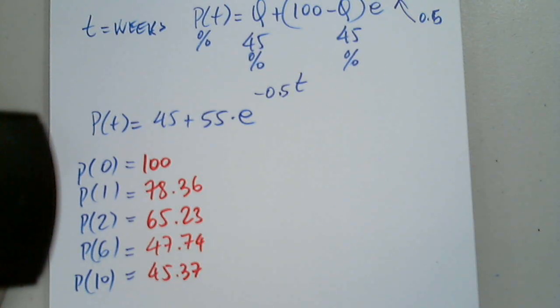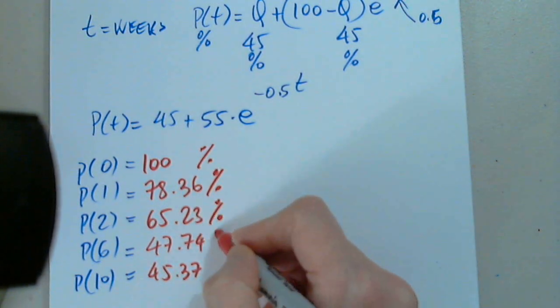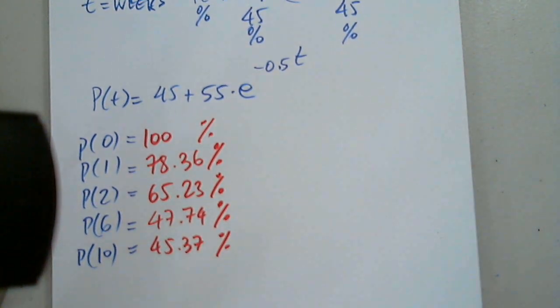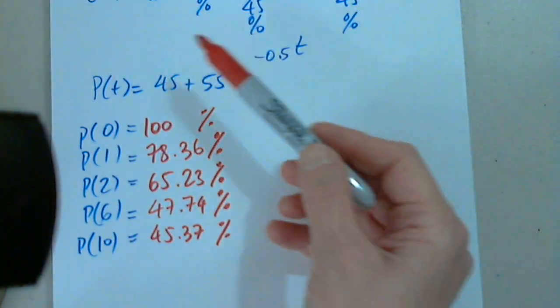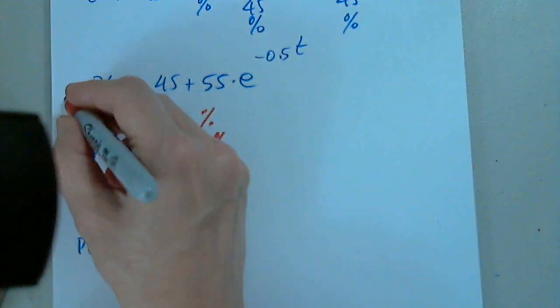And all these have to be percent. Remember the measurement unit. If it's abstract and there is no measurement unit, then we're off the hook. But if I have weeks, percent, whatever, I have to write the measurement unit. So this was part A.